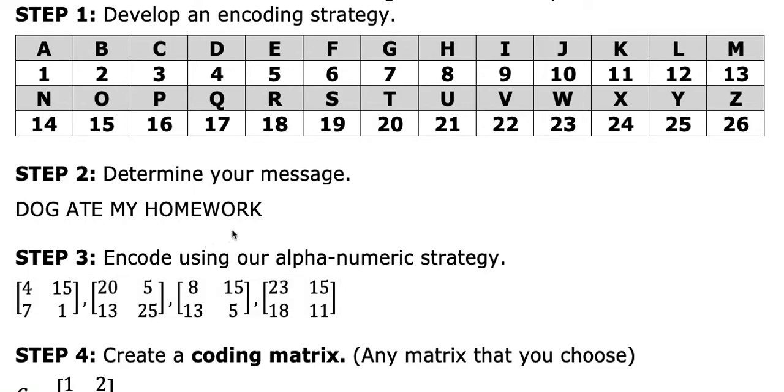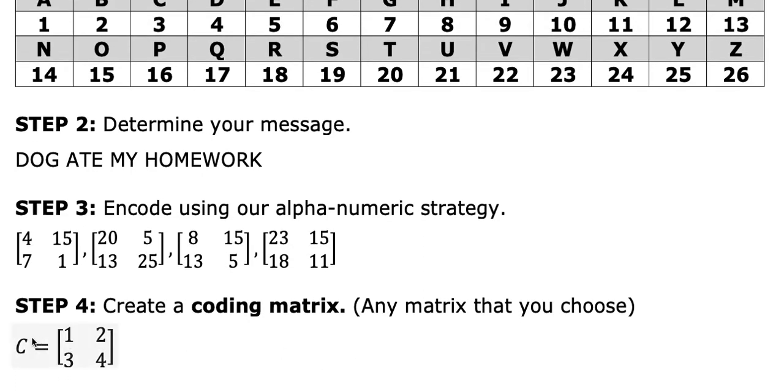and this is how the message will be sent. Now, to make it one step more complicated, let's say that someone had your encoding strategy, then they would just be able to decipher this message and there would be problems, potentially. So, to make it one step further, a coding matrix could be used. And the most basic matrix you can think of, [1, 2; 3, 4], is what we will use.